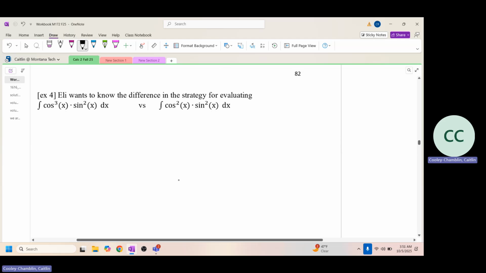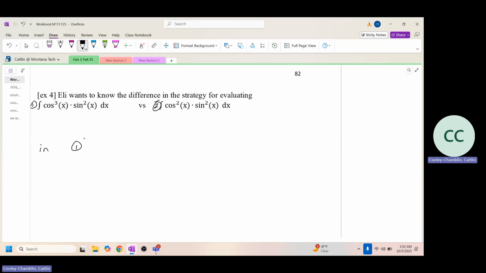Okay, so Eli wants to know the difference in the strategies for evaluating cosine cubed x times sine squared x dx versus cosine squared x sine squared x dx. Well, I'm going to label this first one 1 and this one 2.